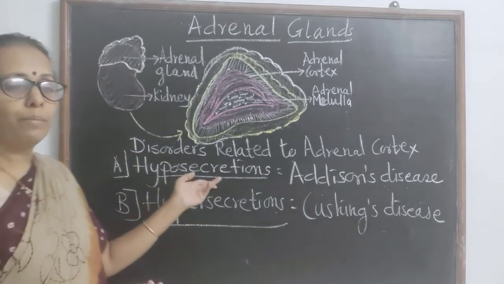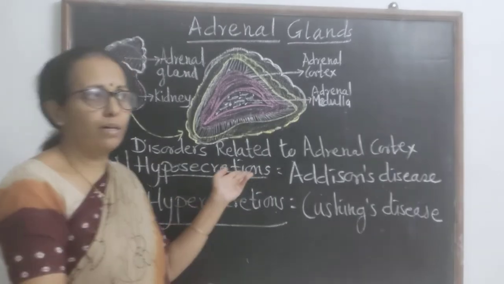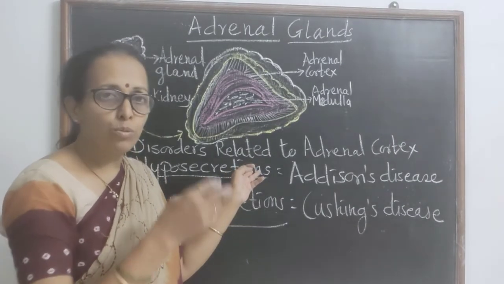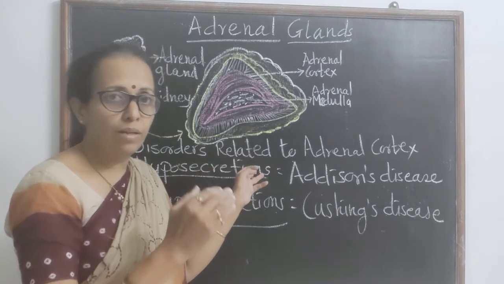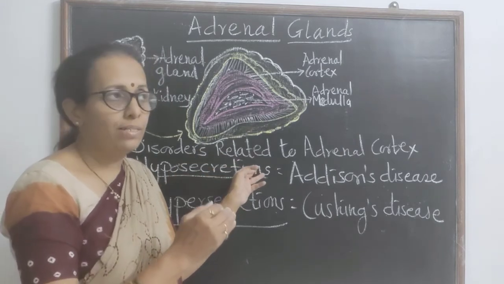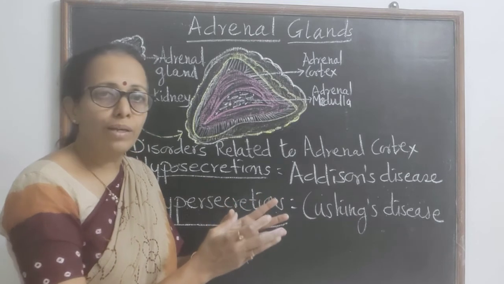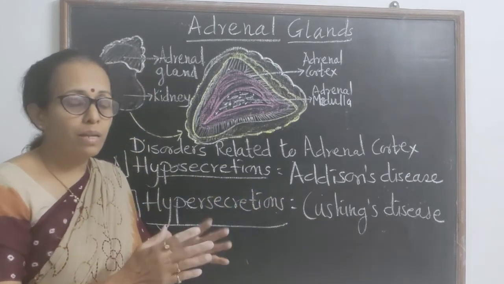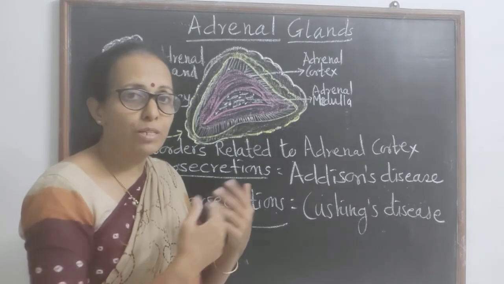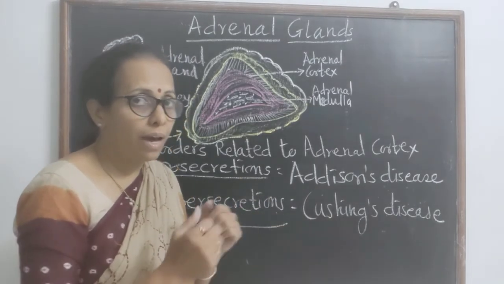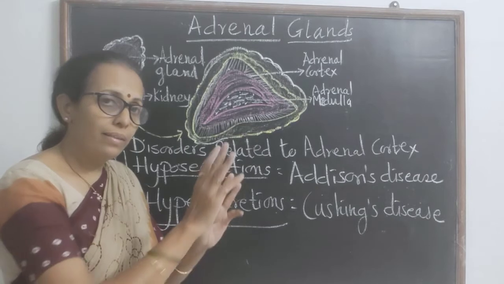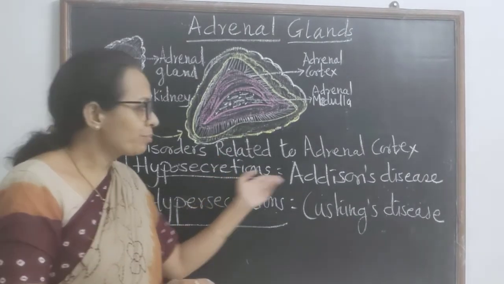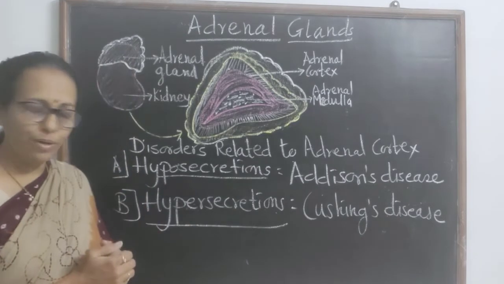We have mentioned the life-saving hormone, glucocorticoid, which maintains the glucose level of our blood. That is secreted during emergencies, that is, when human beings or animals are preparing themselves for emergencies, for saving their life. At that time it is secreted. So if it is in low amount, it leads to such disorders.